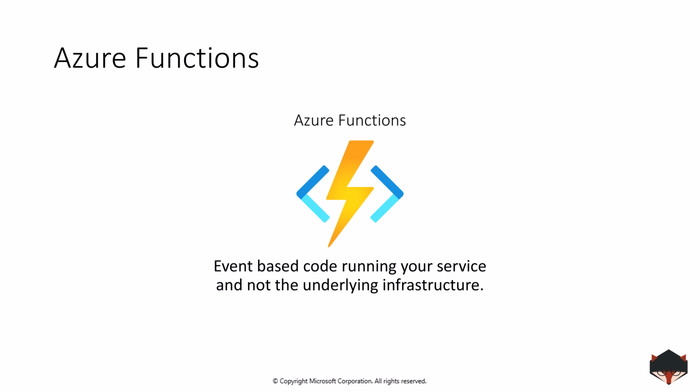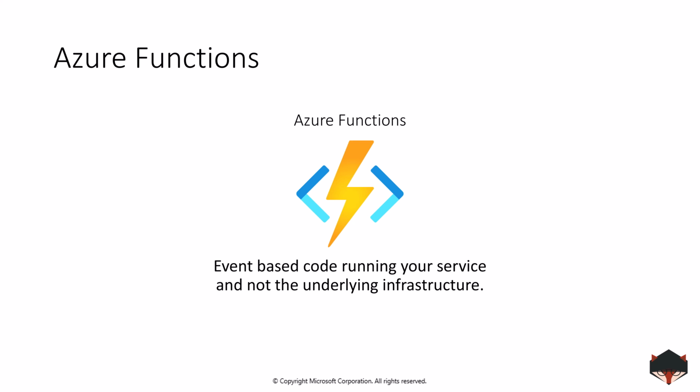Using Azure Functions is ideal when you're only concerned about the code running your service and not the underlying infrastructure and platform. Functions are commonly used when you need to perform work in response to an event, often via a REST request, timer, or message from another Azure service, and when that work can be completed quickly, within seconds or less.